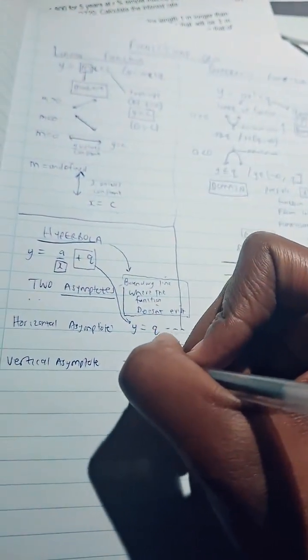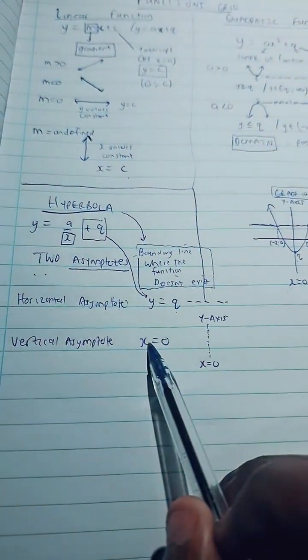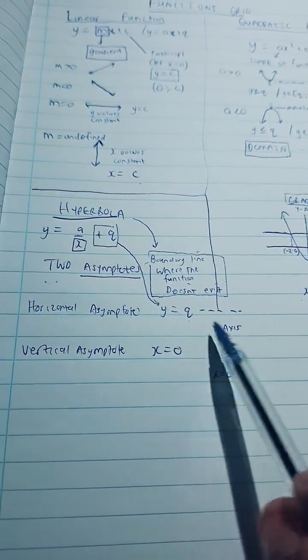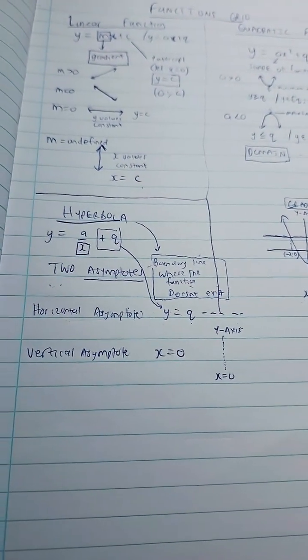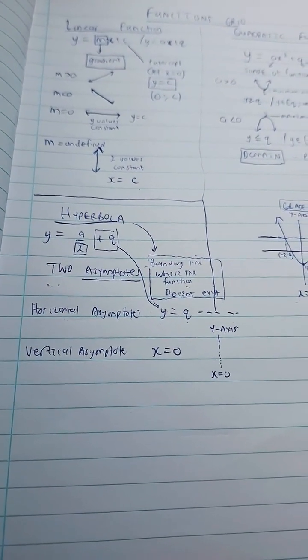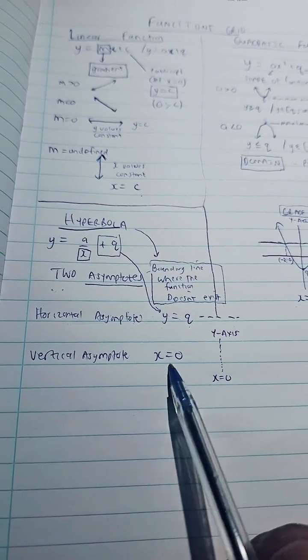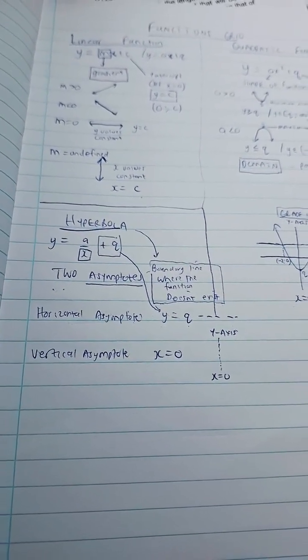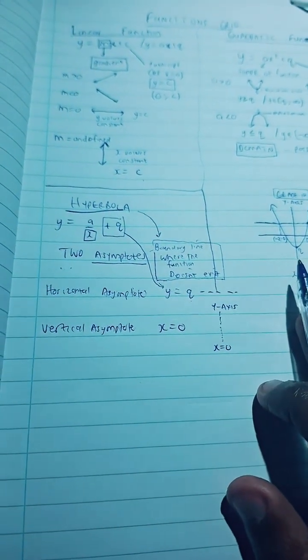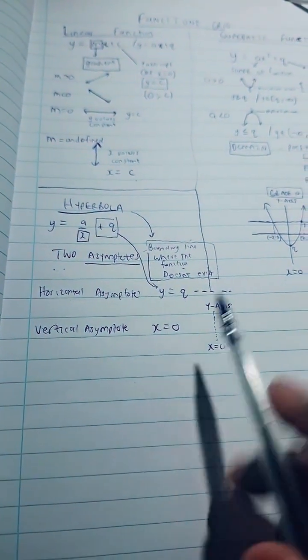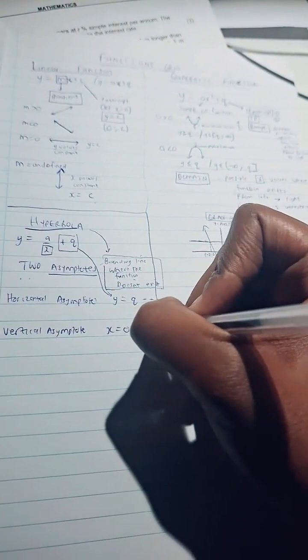So our vertical asymptote in grade 10 is always x is equal to 0. Guys, this only applies to our hyperbolas in grade 10, because in the grade 10 syllabus, the function for the hyperbola is restricted. Okay, so vertical asymptote always in grade 10.